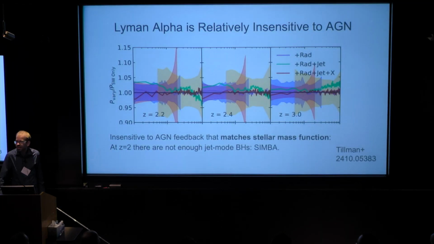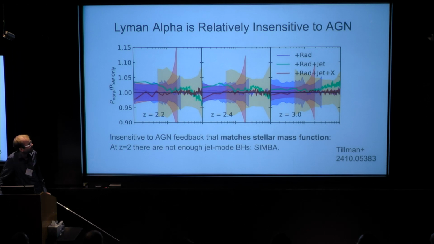And Megan, who might be here, is Megan here? Megan wrote a paper a few weeks ago explaining that the effect on the Lyman alpha statistics of the AGN feedback at redshift 2 is actually quite small, right? And there's a good reason for this. All of our feedback models are tuned to match the stellar mass function. And at redshift 2, there are not as many black holes as there are at redshift 0.